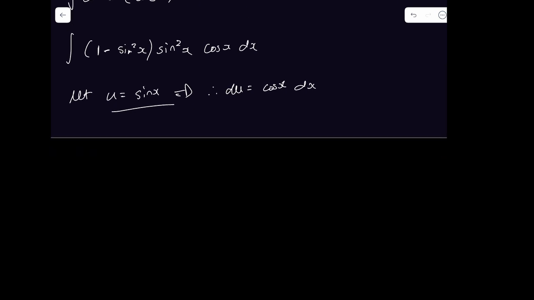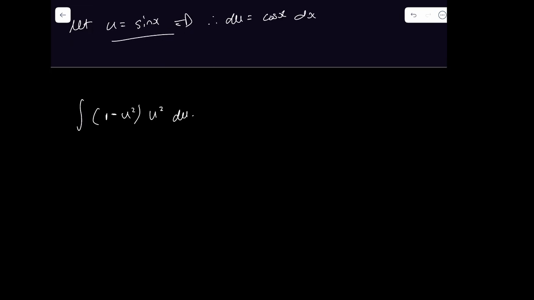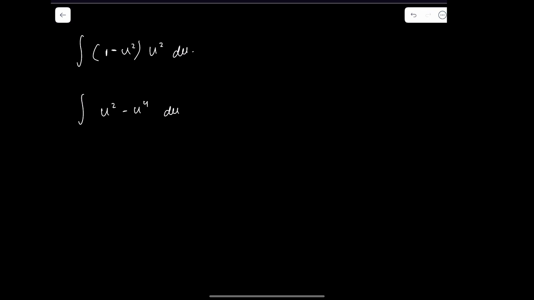So, what that means is the following. Well, we get the integral of 1 minus u squared times u squared du, right? So we expand it out. u squared minus u to the 4 du, which equals u to the 3 over 3 minus u to the 5 over 5.